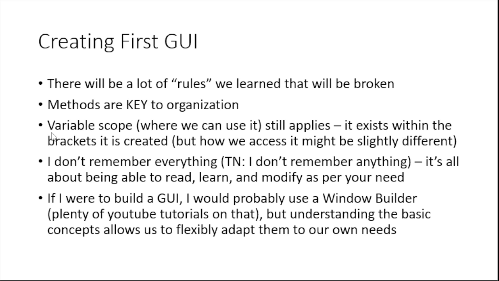Something to keep in mind if understanding is not quite as strong: the variable scope, where we can use a variable, still applies. It exists within the brackets it is created in, but how we access it might be slightly different. So again, remembering what we said about creating a variable inside a condition or inside a loop, it still applies.